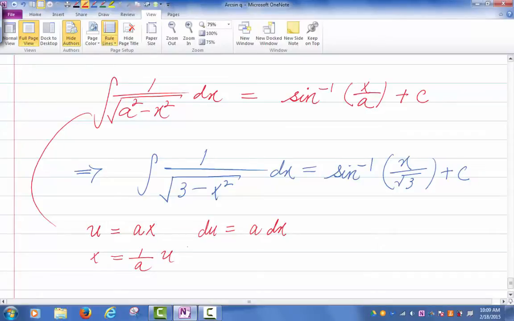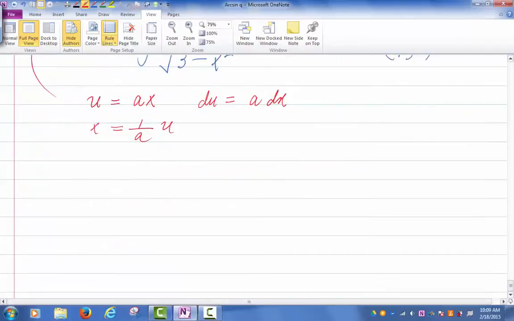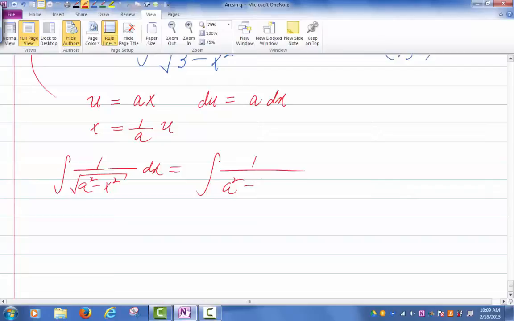Is everybody okay? Then if I do that substitution, my integral of 1 over root of a squared minus x squared dx would be the integral of 1 over a squared minus, remember you're going to replace x by what?